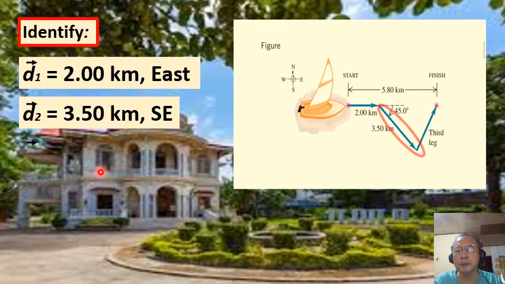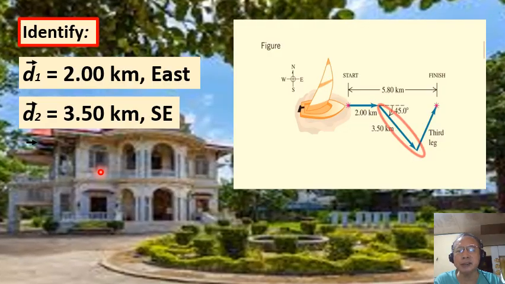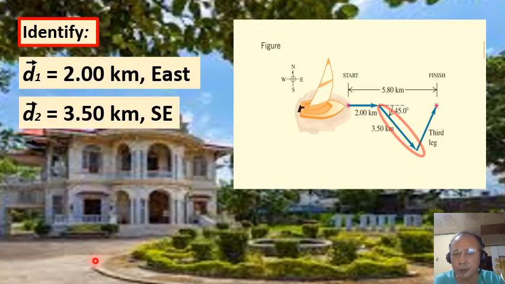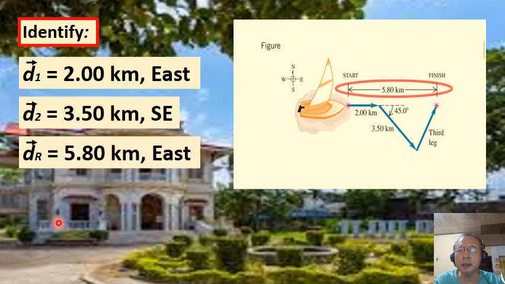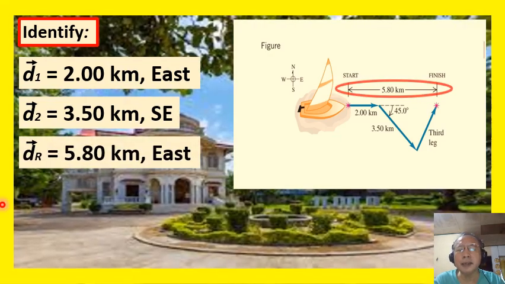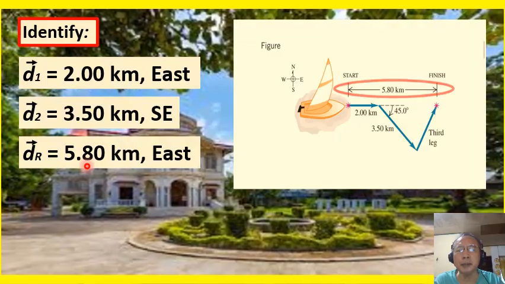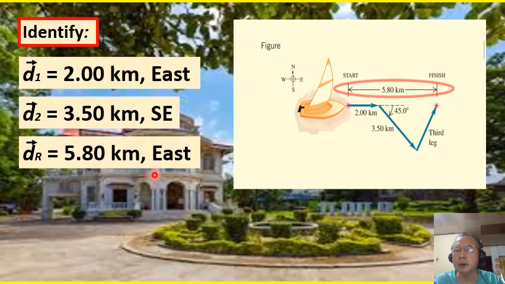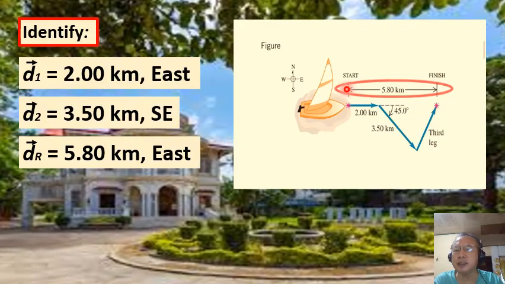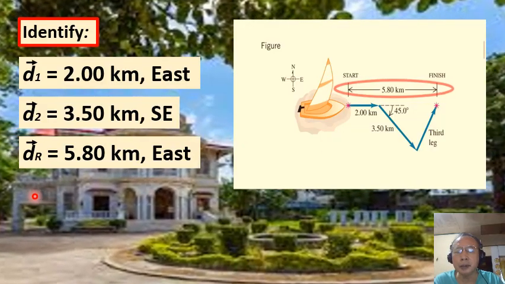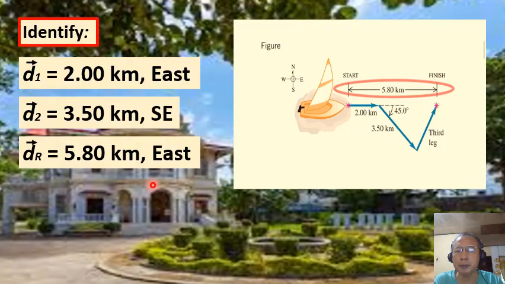This is understood to be 45 degrees southeast. Also, we are given the net displacement denoted here by d sub r, the displacement relative to the starting point, and that is equal to 5.80 kilometers east.